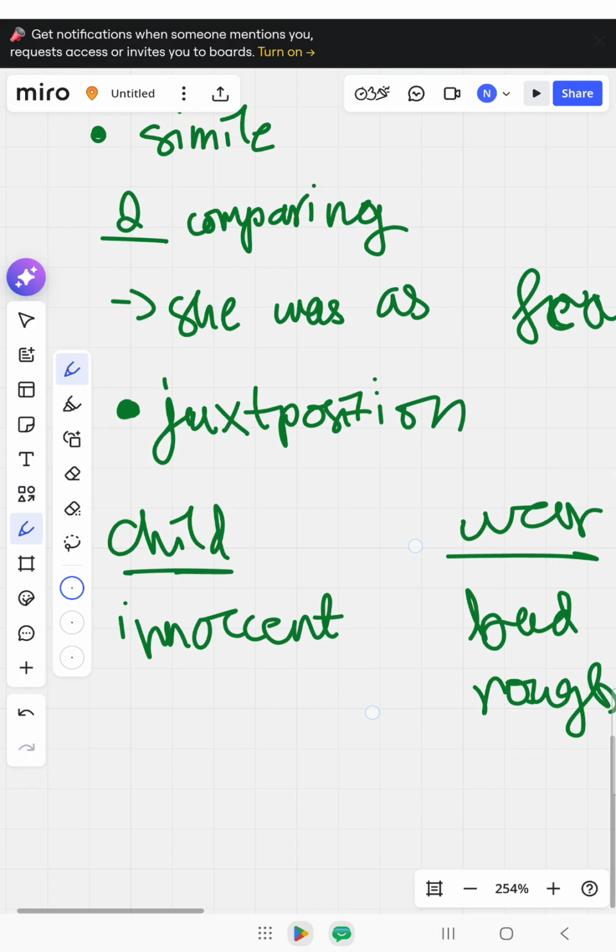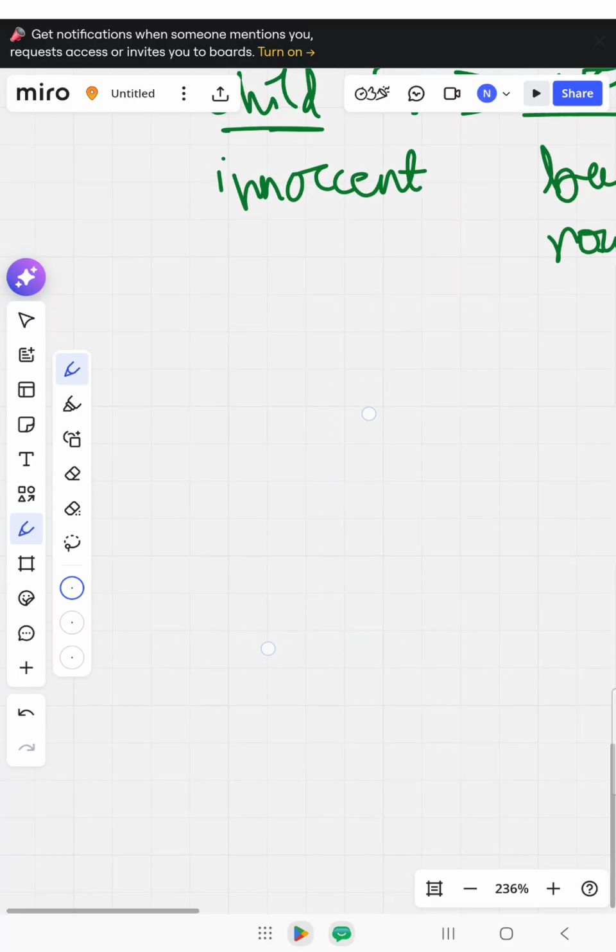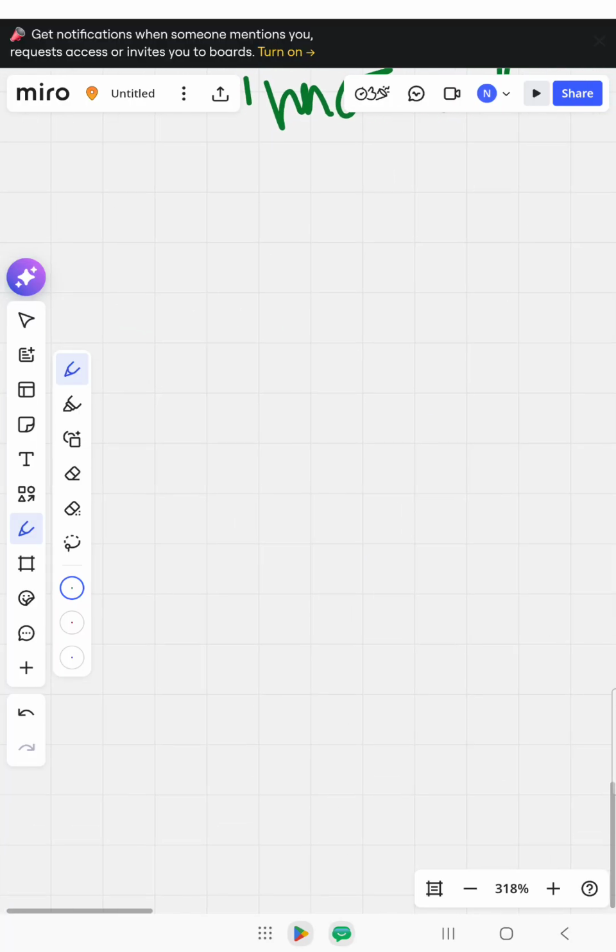The child is in war and the child is still happy, so they contrast each other. Or we can do emotional contrast, where a character is laughing at a joke, but the joke is at their expense. You can say like that.